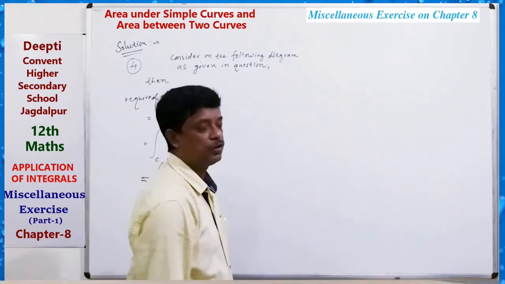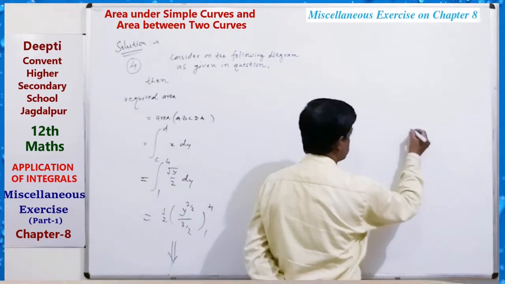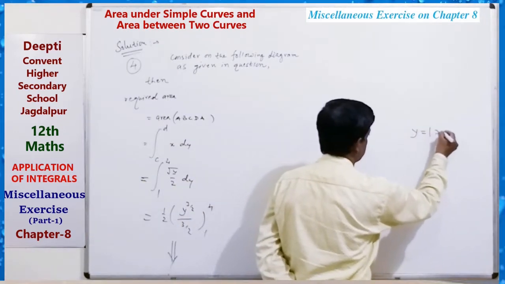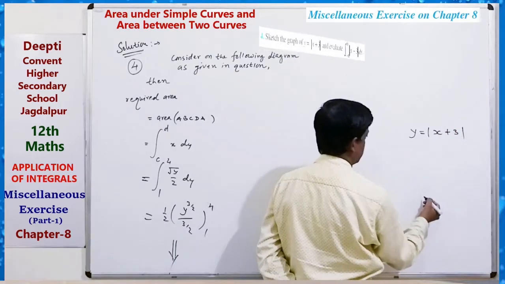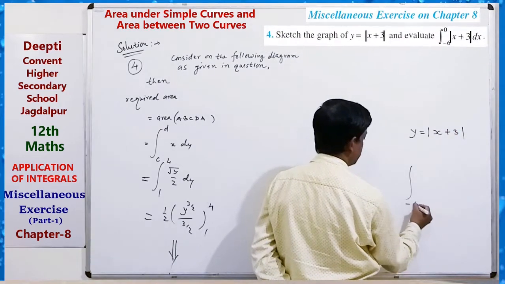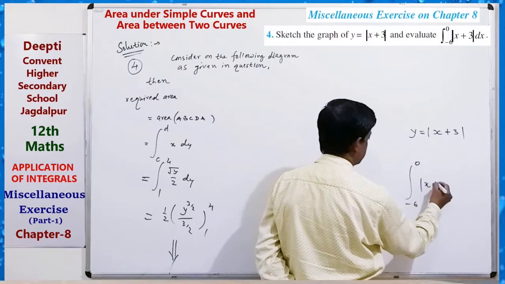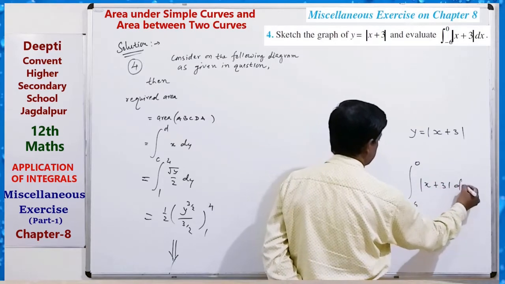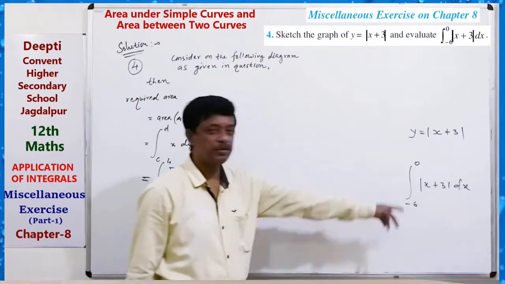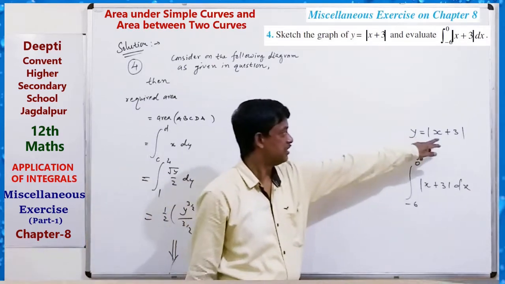Sketch the graph of y equals mod x plus 3, and solve the integral from minus 6 to 0. We have to find the value of this integral and sketch the graph of this.